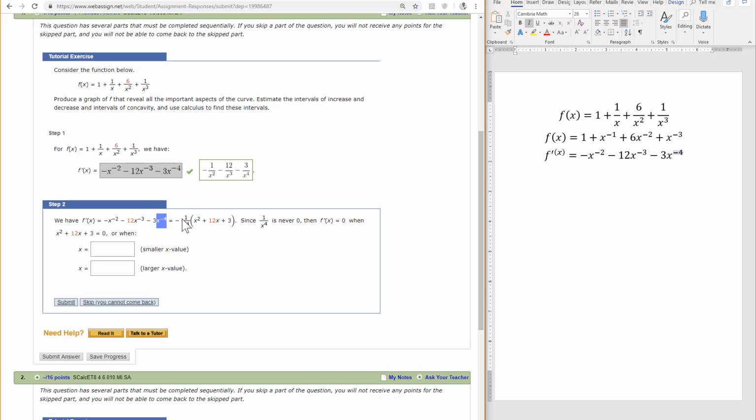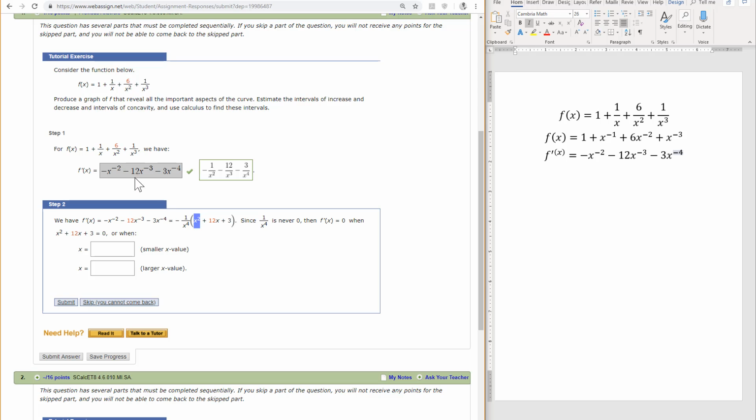It looks like they factor out a negative x to the negative 4, or negative 1 over x to the 4th. To do that, we take away the negative signs, so each of these things will become positive. And then think about multiplying each of these things by x to the 4th, because we're taking out an x to the negative 4th.